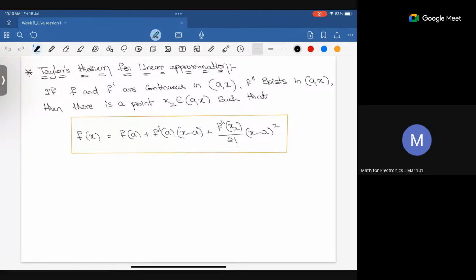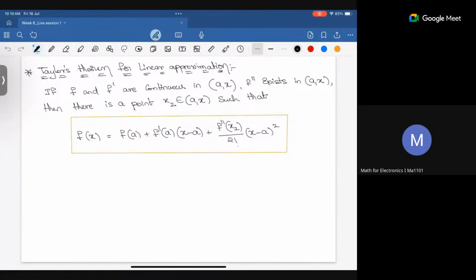So approximations, right? This Taylor's expansion is basically used for approximations. And depending upon the degree of approximation, the better it would be. If you are doing a constant approximation, you may not get the exact function, and you'll have more error.